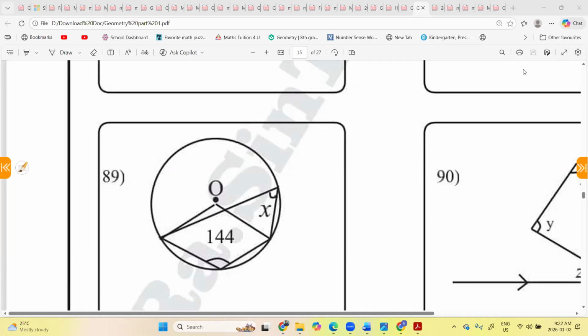Okay. Right. Students, listen. If this is 144, these are the subtended angle and the remaining part of the circle is 144. So this one is double of 144, 288. In this 288, what is the magnitude of this angle? 360 minus 288.